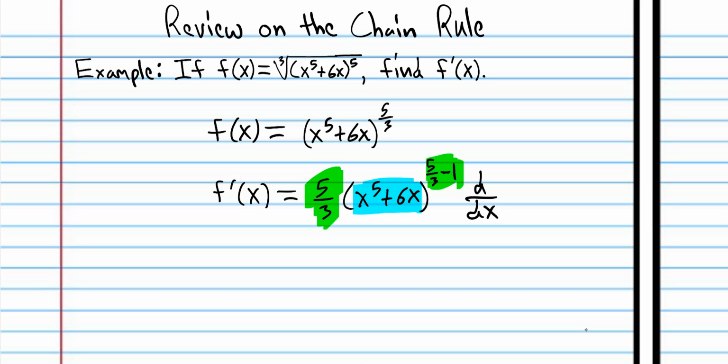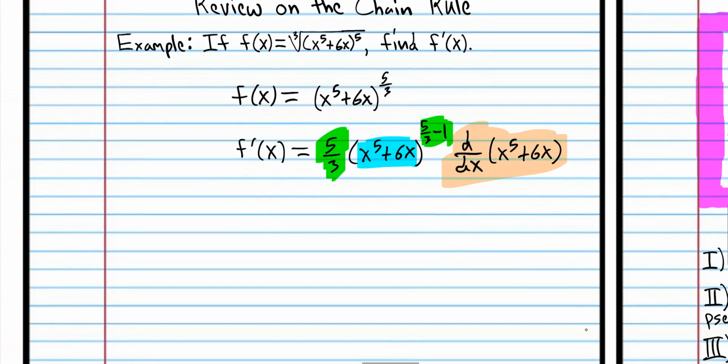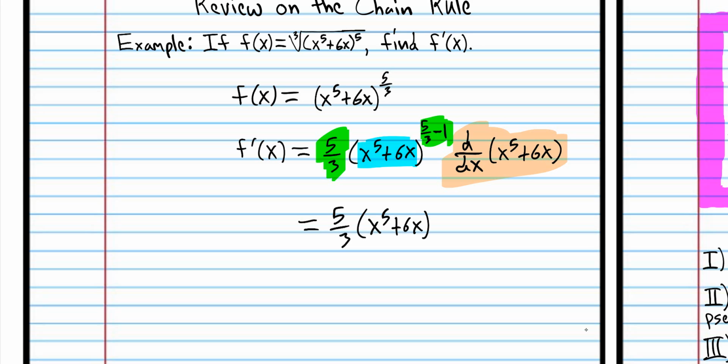But then we're going to multiply all that by the derivative of the inside function. So that is the chain rule. So simplifying, we have 5/3 times x to the 5th plus 6x raised to the 2/3 power.